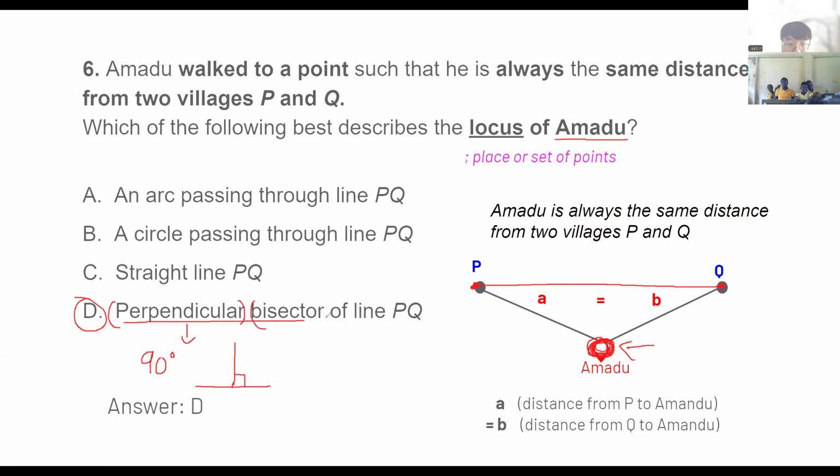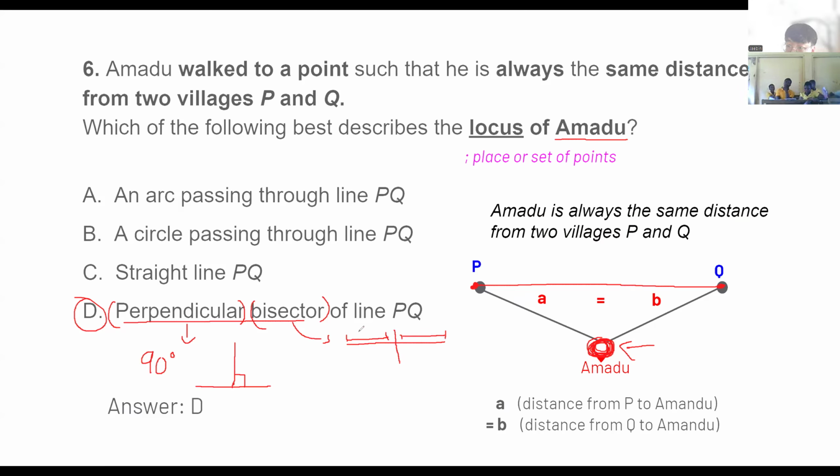Bisector, what does bisector mean? Bisector means dividing a side into equal lengths. So if the line crosses like this, and this length is equal to this length on the right, then this line is called a bisector. It divides the line into two equal lengths.